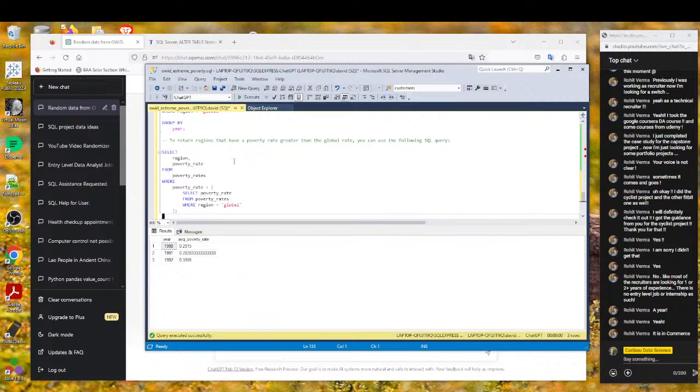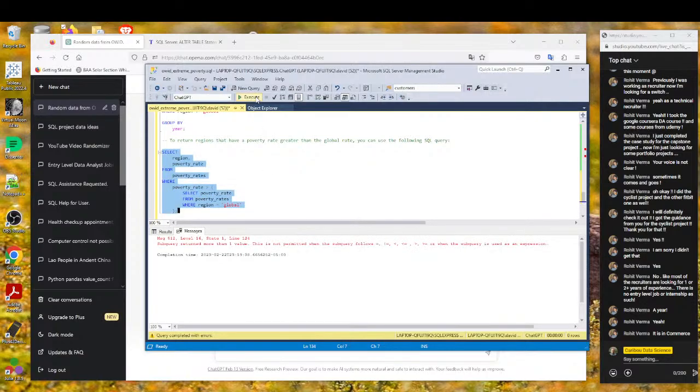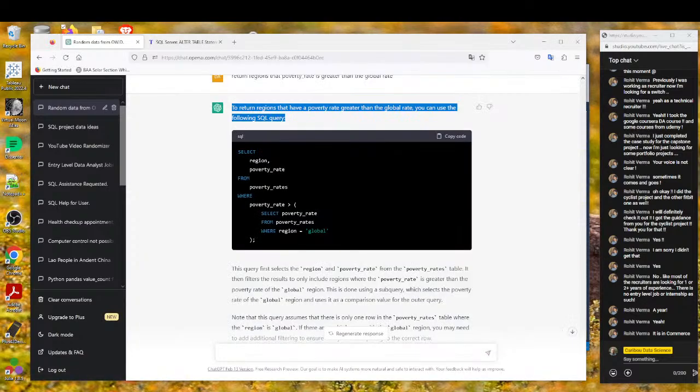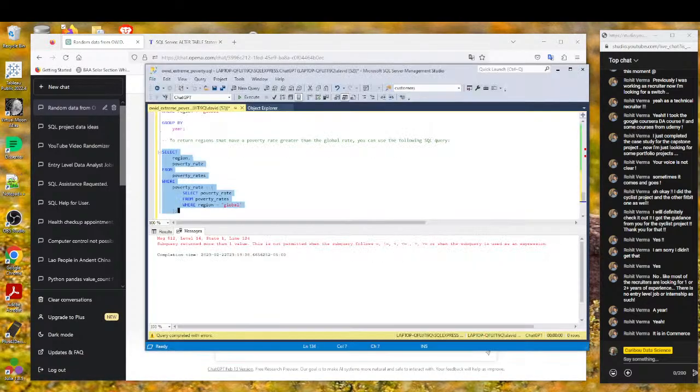So what regions have a higher poverty rate than the global average? Did I get everything? Uh-oh, this isn't good.